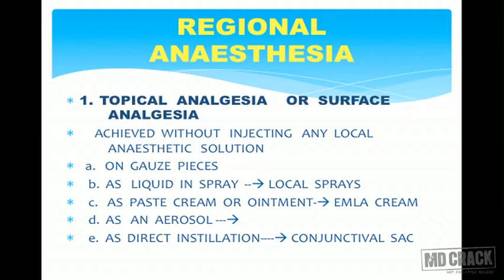The other form of topical analgesia is easily available in the market. These are liquid sprays, which are available for local use for any pain, for example muscle spray for muscle pain. You just apply that spray on the body. They act by a counter-irritant mechanism and achieve analgesia in that particular part of the body, and that part of the body is anesthetized.